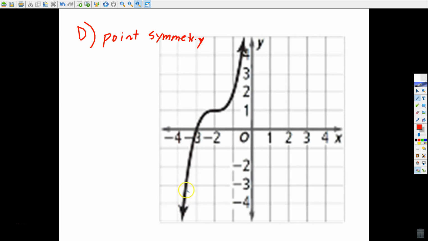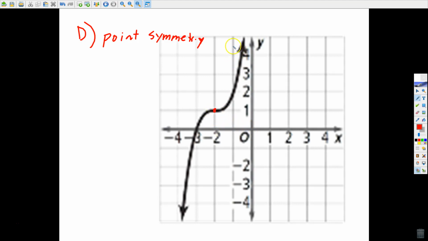Can you notice how we're coming up in this direction and then we reach a certain point and then we change? We sometimes in math call this an inflection point. You'll hear that more when you get into calculus. But the bottom line of that is we have symmetry at this point right here called -2, 1.